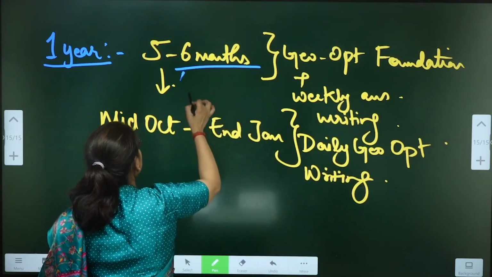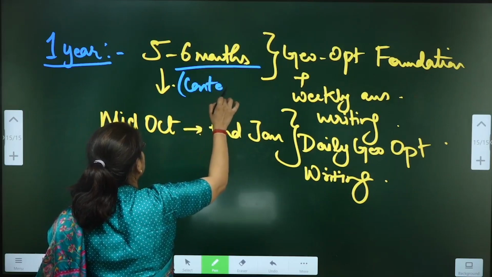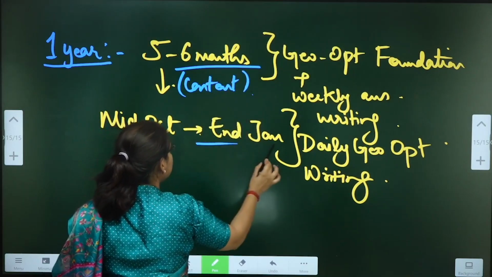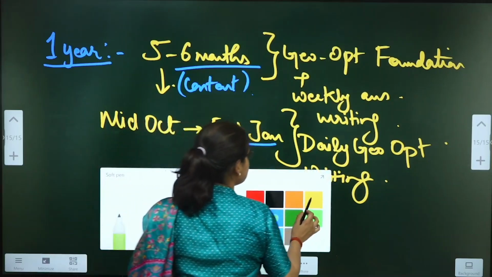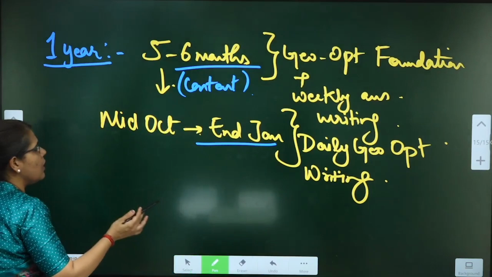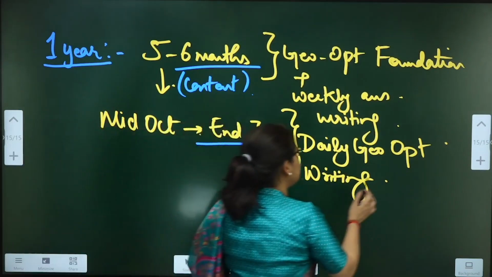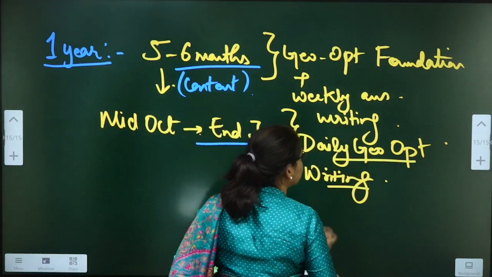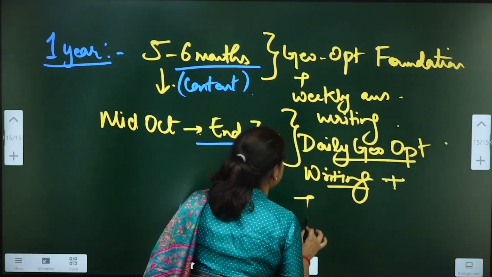You have the content with you now. Now the only task will be writing one answer on a daily basis, which will hardly take half an hour or 45 minutes, okay, along with the revision. So daily geography optional answer writing. Along with that, now you can start attempting the test.